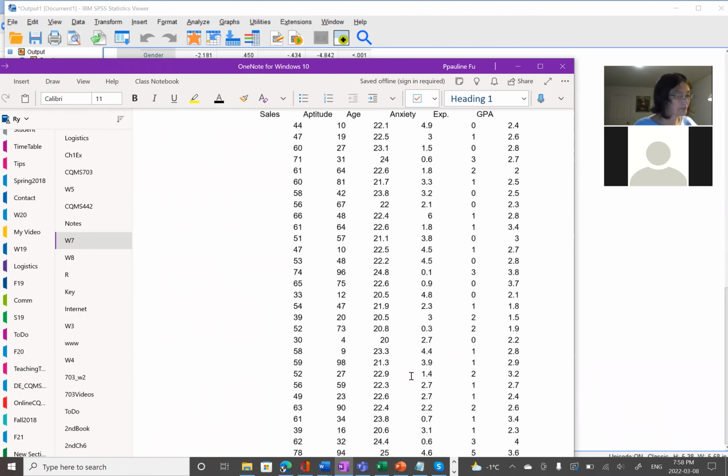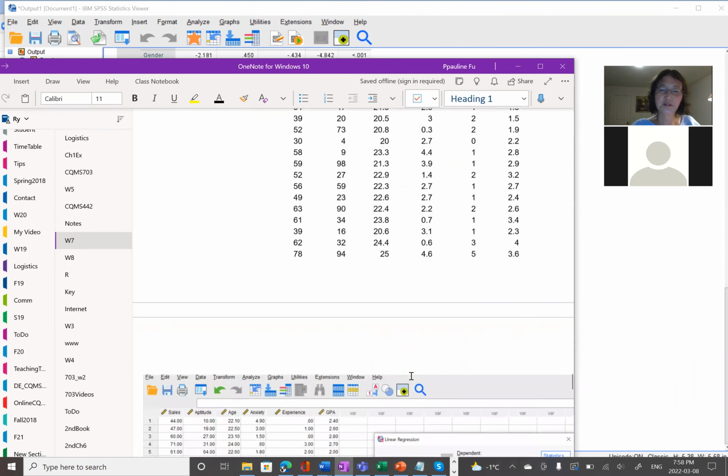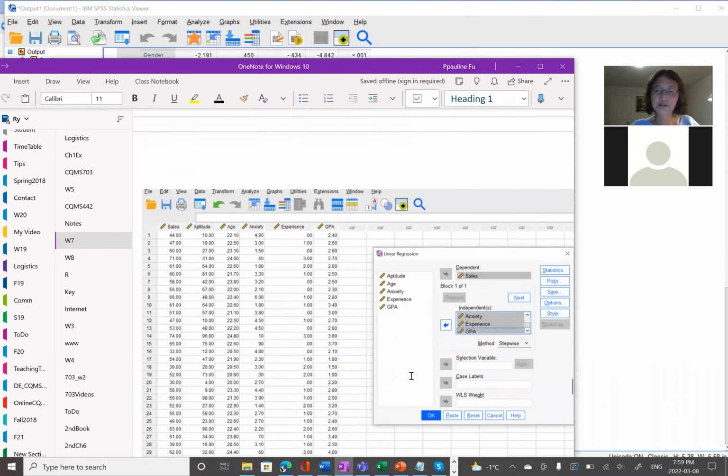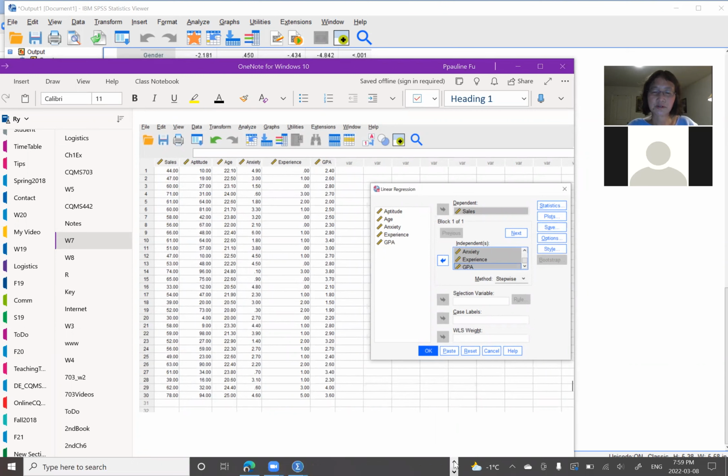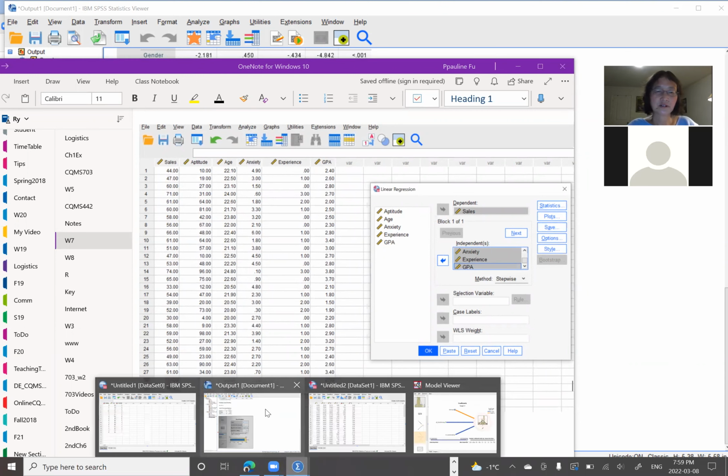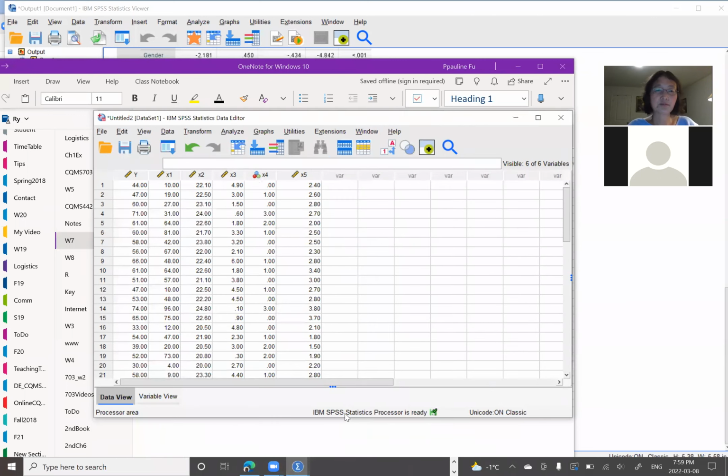For this one, we are going to use, again, Excel, or not Excel. Excel will not produce stepwise. So we use SPSS. This is the steps. So I'm going to go here. This is my data.